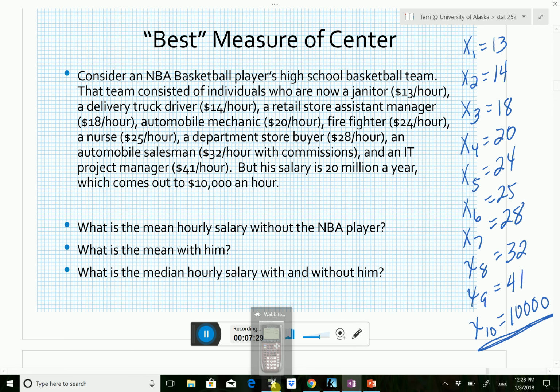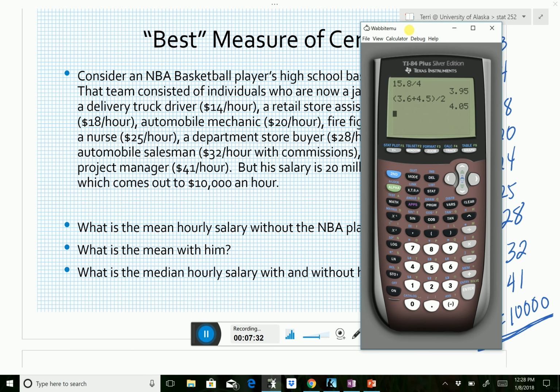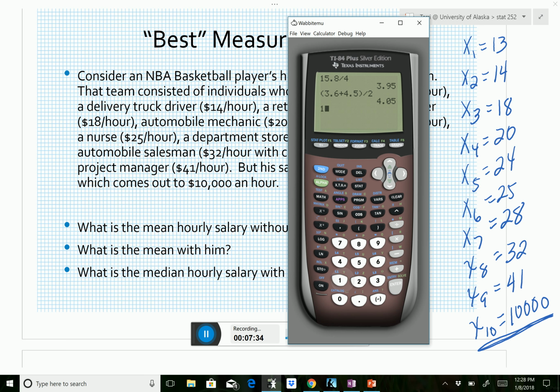If we were going to do that, we can simply add the numbers up. Plus 14, plus 18, plus 20, plus 24, plus 25, plus 28, plus 32, plus 41. Now I'm going to hit enter, then I will divide that by 9. Okay, without counting the NBA player, it's $23.89.